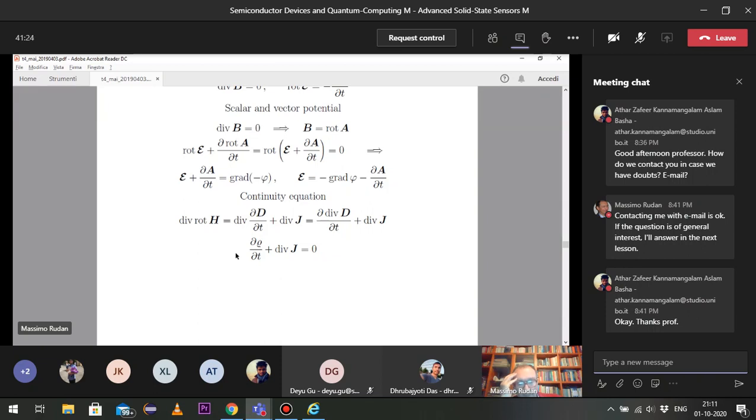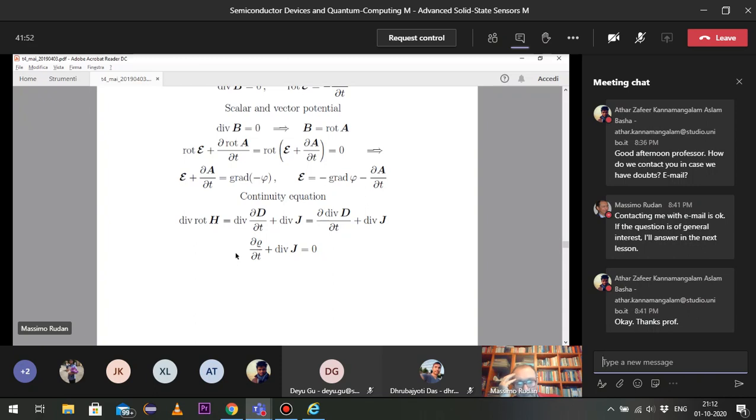So on the left, you have only quantities that depend on the holes. On the right-hand side, you have the time derivative of Qn minus the divergence of Jn.